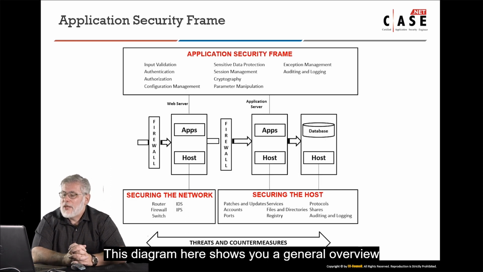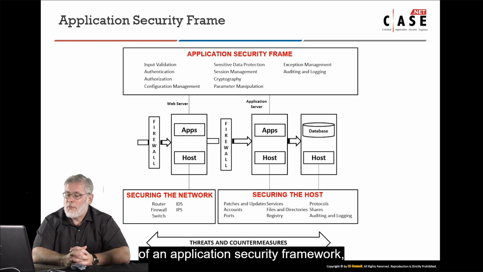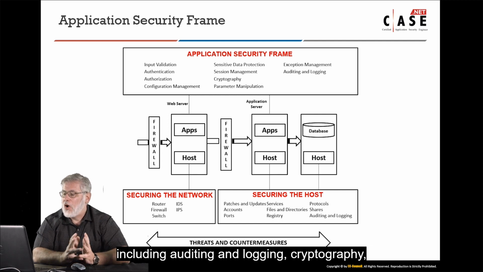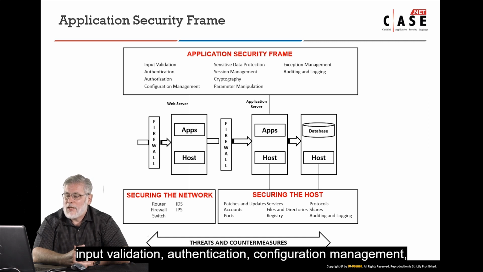This diagram here shows you a general overview of an application security framework. And you can see there's a number of elements, including auditing and logging, cryptography, input validation, authentication, configuration management.